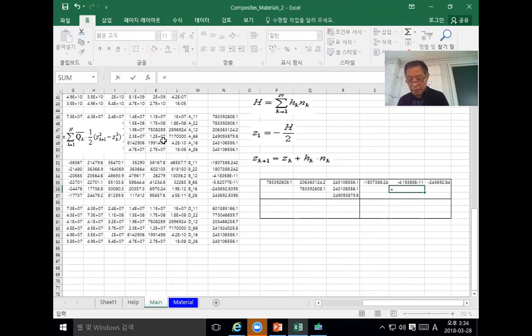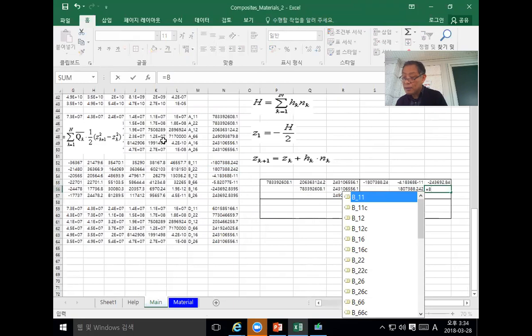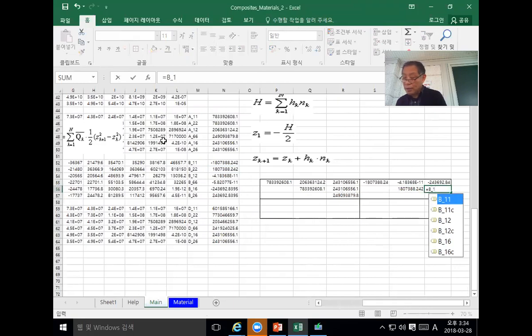And then this is the what? B22 and B26, and here B66.